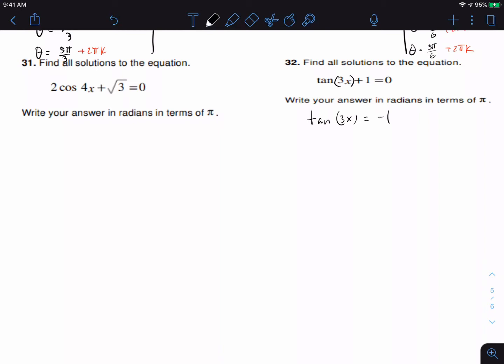Instead of using 3x, it's going to be tangent of theta. So I'm saying that theta is my 3x, okay? So it's a substitution that I'm doing. So now tangent of theta is equal to negative 1. When does that happen? When is tangent negative 1?